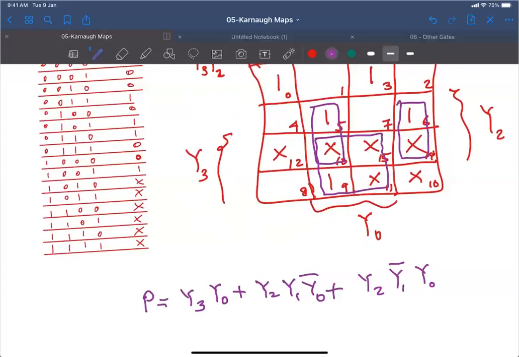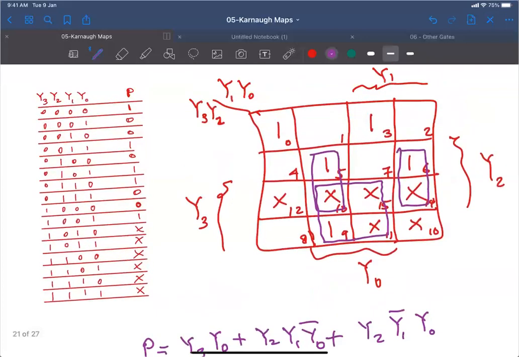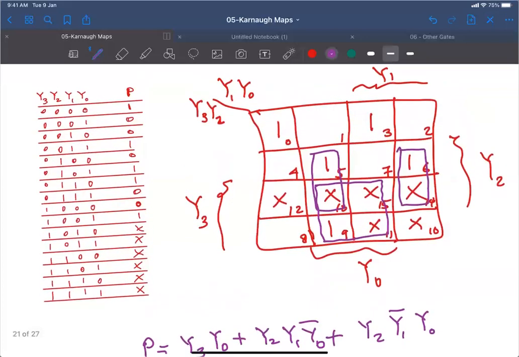Okay. Next. 11 and 3. Excellent. Yeah, 11 and 3. You guys are getting expert in K-maps. Okay.